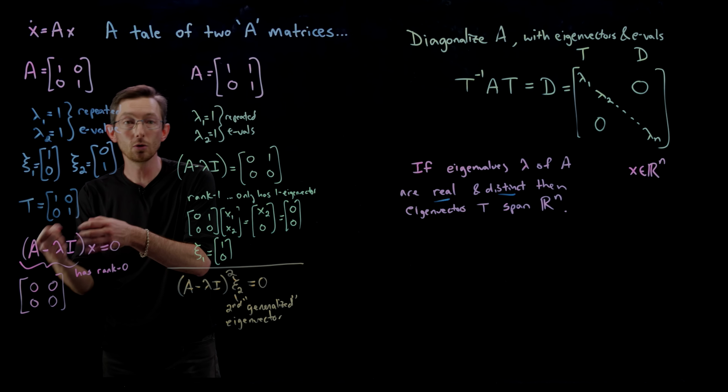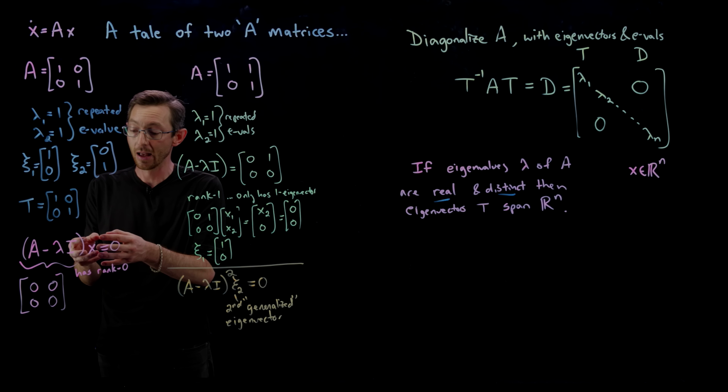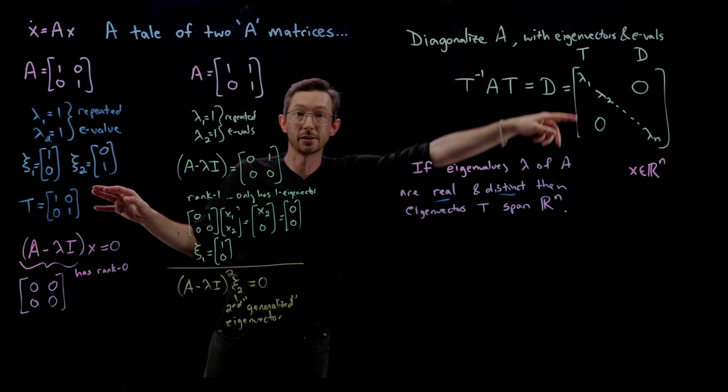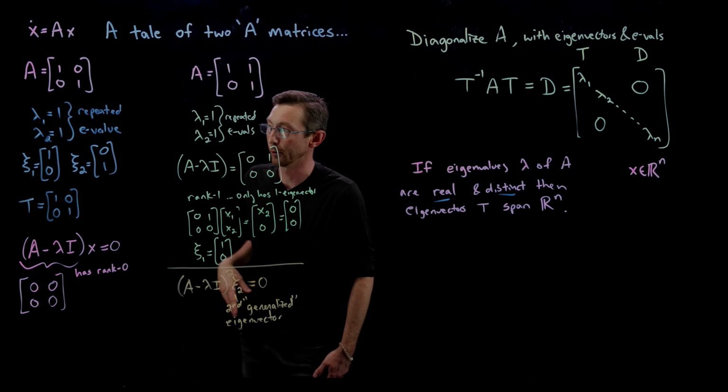We just take the two eigenvectors from that two-dimensional null space, and those two eigenvectors will span the space, and we can still diagonalize our system, as in this case where it's clearly already diagonal, so that's possible.